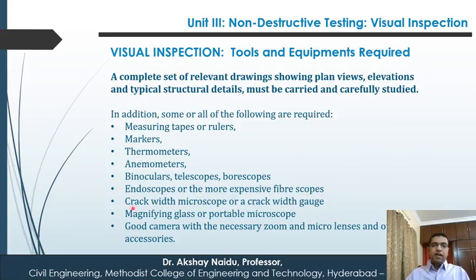Crack width microscope or a crack width gauge, to note down the crack widths. Magnifying glass or a portable microscope, good camera with necessary zoom and micro lens and other accessories. So this is what a visual inspector may need to carry.